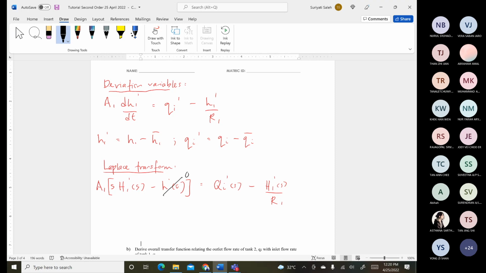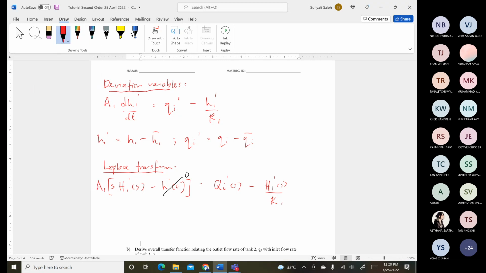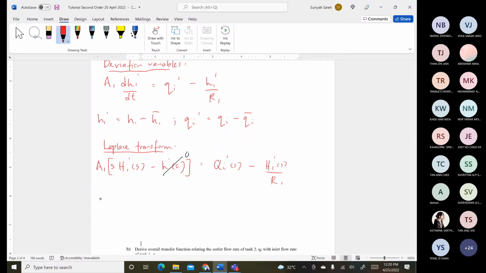So we have the equation like this, then we can do the rearrangement. Since you have H1 on the left and the right-hand side, we can rearrange so it becomes like this, equal to Qi prime(s).